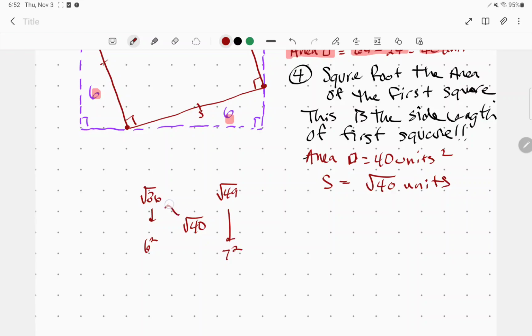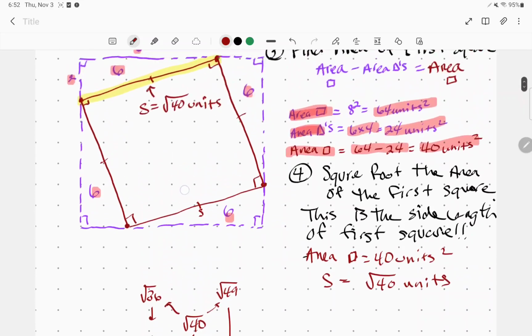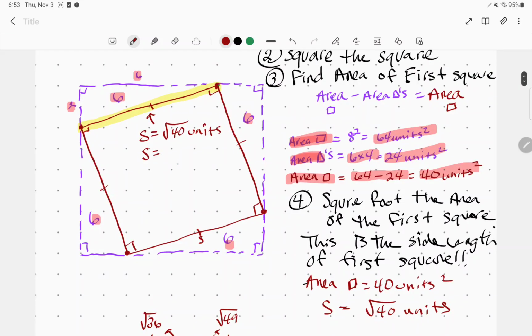So this is somewhere between those two. And it's closer probably to 36. So I would say that this is maybe 6.4, something like that. And so if we had to estimate this side length as a decimal, this would be 6.4 units in length, somewhere around there.